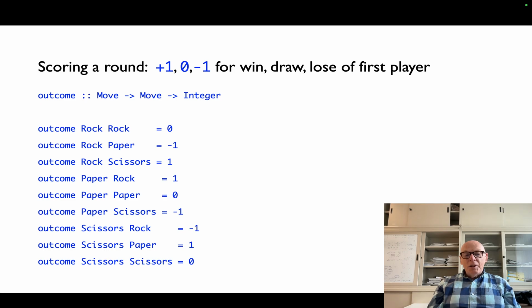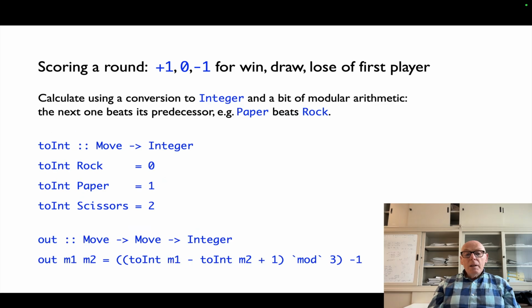Now that's a bit cumbersome. Is there any way that we could write a formula that would somehow work out the outcome rather than having to write 9 cases? Well, let's see what we can do. What we've done here is write a function that turns a move into an integer. So rock is 0, paper is 1, and scissors is 2.